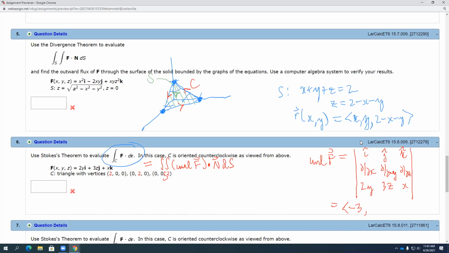Partial with respect to z of 2y is 0, minus the partial with respect to x of x, which is -1. I cross out the last column. It's the partial with respect to x of 3z, which is 0, minus the partial with respect to y of 2y, which gives us -2. Does that make sense? The curl is a constant. That's interesting.